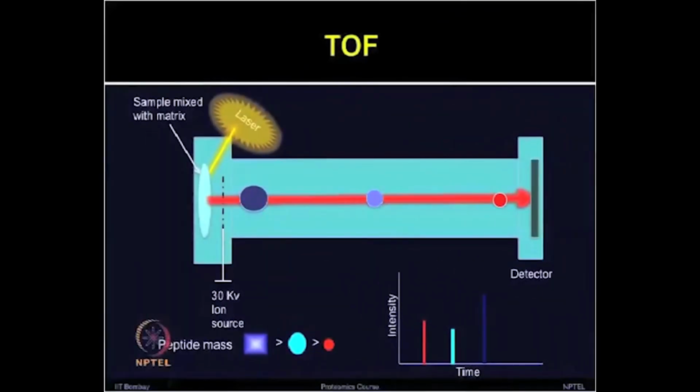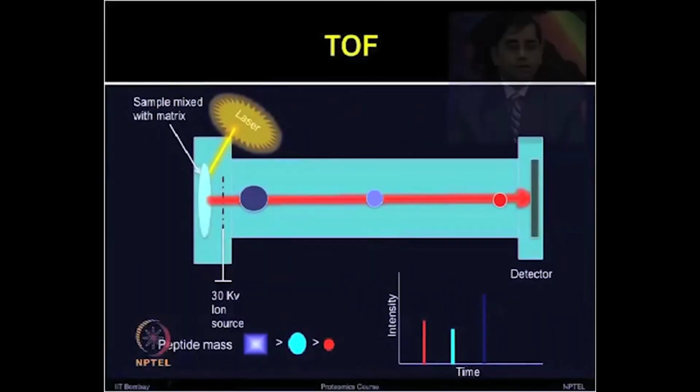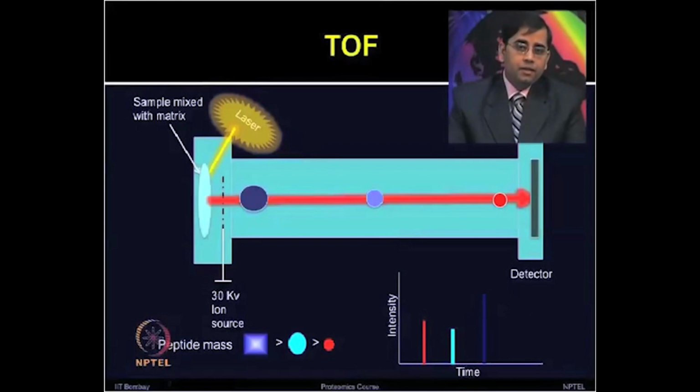In time of flight tubes, the ions are accelerated to high kinetic energy, and due to the different velocities, they are separated in a flight tube. As I mentioned earlier, by adding the reflectron or a reflector, the ions can turn around in the reflector, which can compensate for minor differences in the kinetic energy.